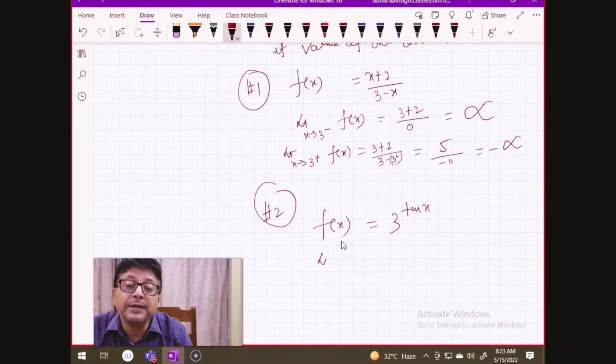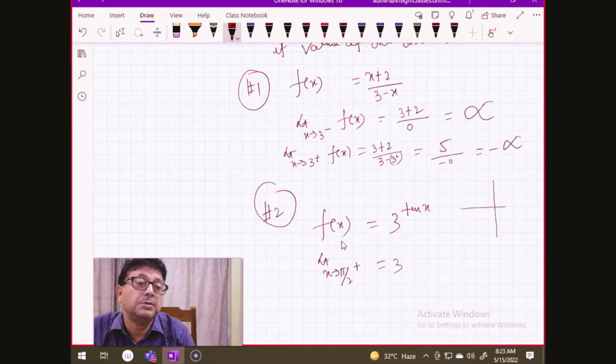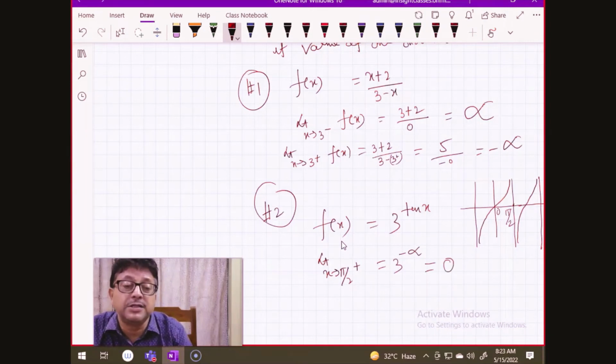If you want to find the limit x tending to pi by 2 plus, the tan x function, pi by 2 plus, is going to be minus infinity. What is the value of 3 to the power minus infinity? 1 by 3 to the power infinity, that is 0.